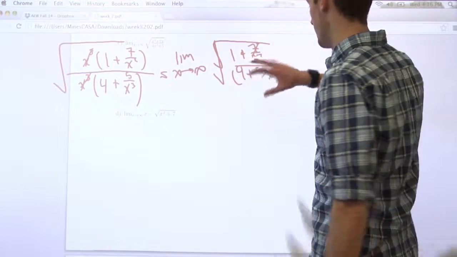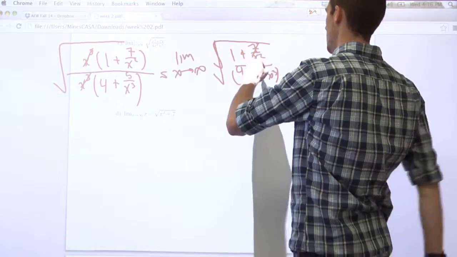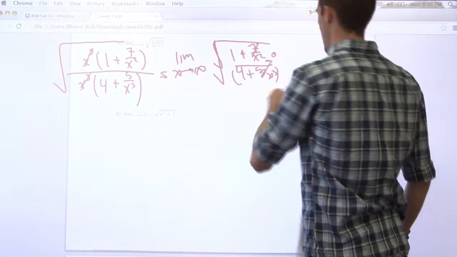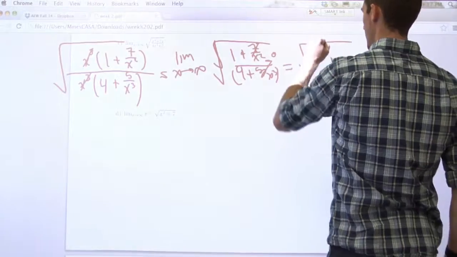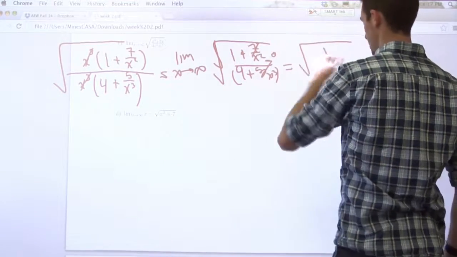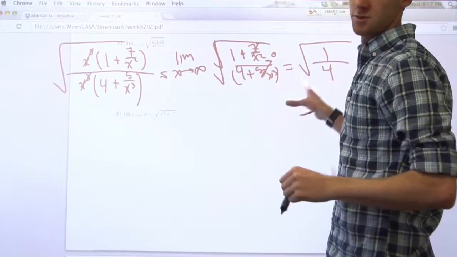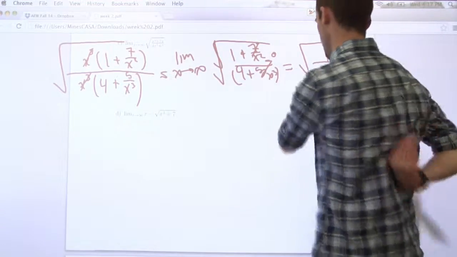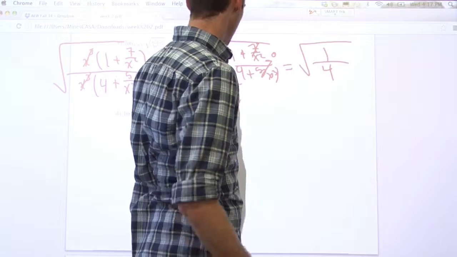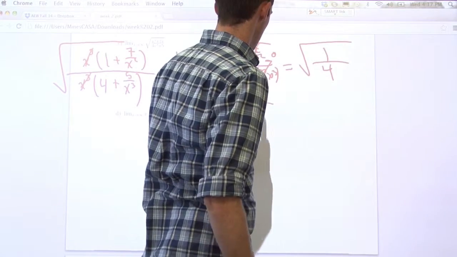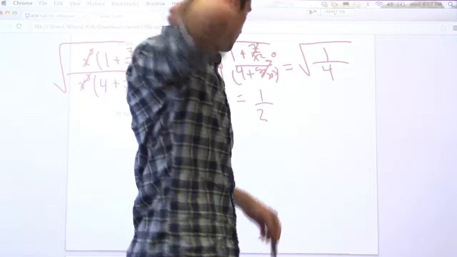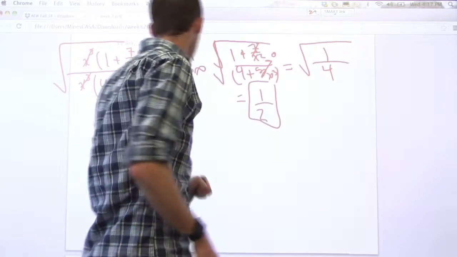It's the same principle: 5 over a really big number is going to go to 0 also. So this leaves me with the square root of 1 plus 0, which is 1, over 4 plus 0, which is 4. So it's the square root of 1/4. Make sure you square root the top and square root the bottom. What you get is 1 over 2. So 1/2 is the answer for that first one.